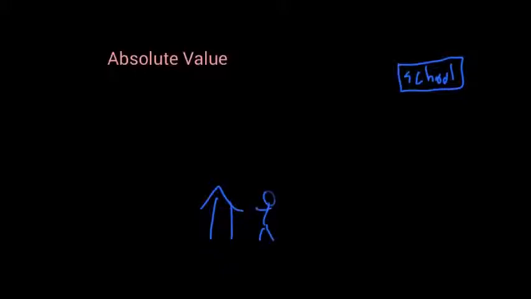Alright, so let's talk about absolute value. The way I think of this is, in the mornings I start at my house, and my son's school is over here, and I take off with him in the stroller, and we run to school.